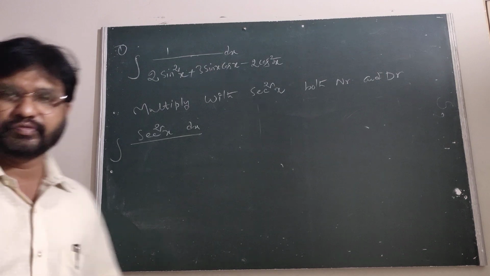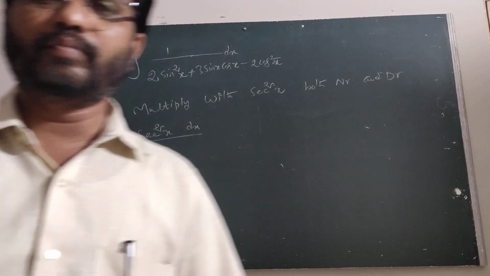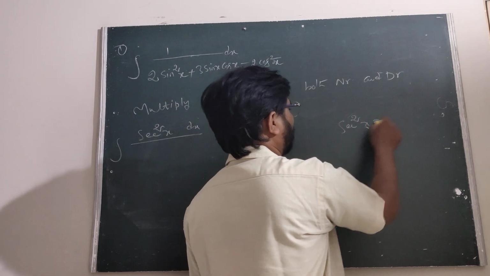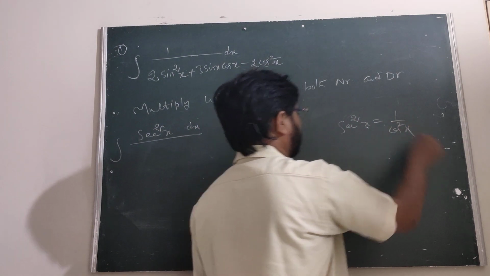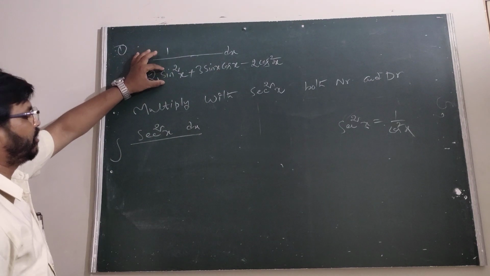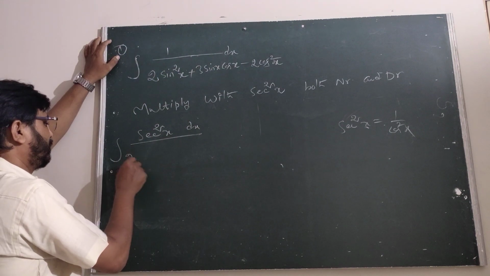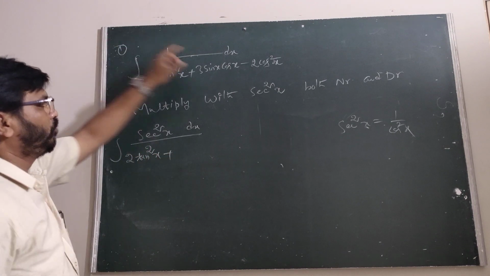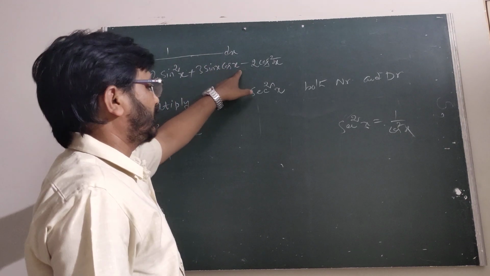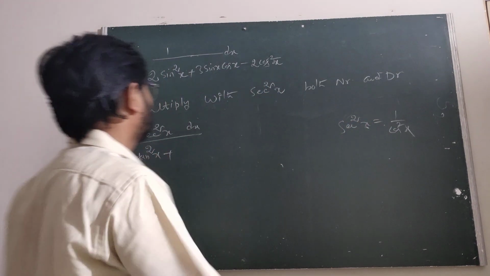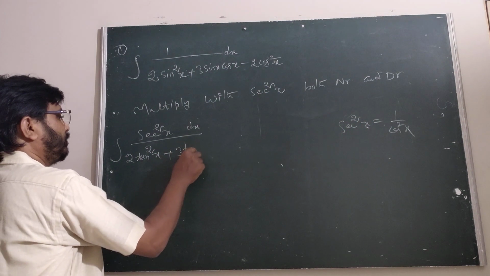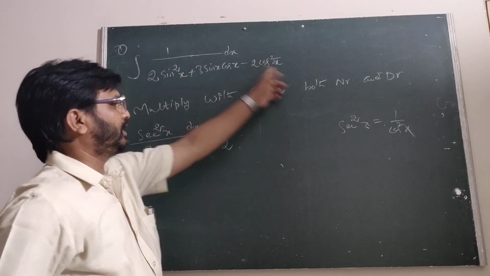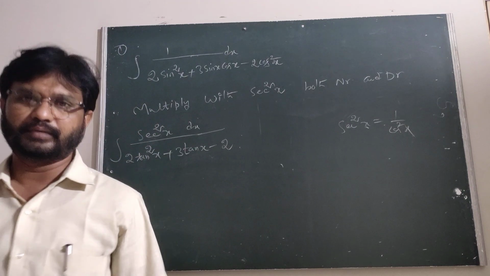Here secant square x is nothing but 1 by cos square x, the reciprocal of cos square x. Now sin square by cos square is tan square, so this is 2 tan square x. After that we can write 3 sin x cos x by cos square x, which is 3 tan x. Then finally minus 2 cos square x by cos square x is 1.